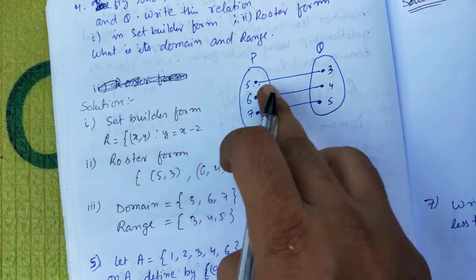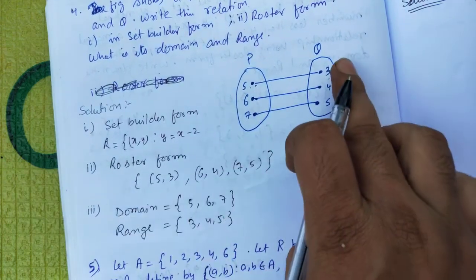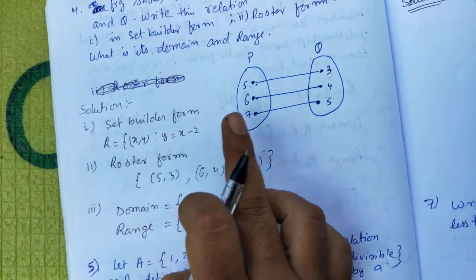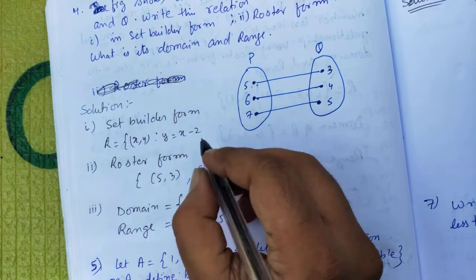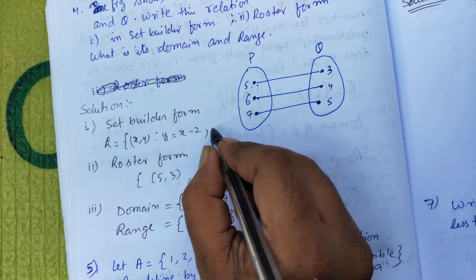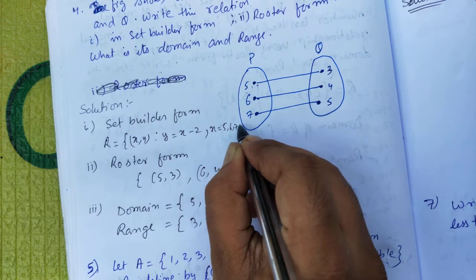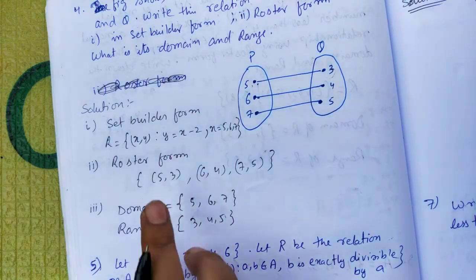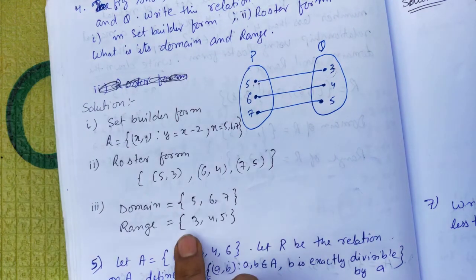If x is 5, we get y as 3, that means minus 2. So we can write y is 2 less than x. Clear? And the value of x is 5, 6, 7. This is in set builder form. Roster form is given. Domain and range is done.